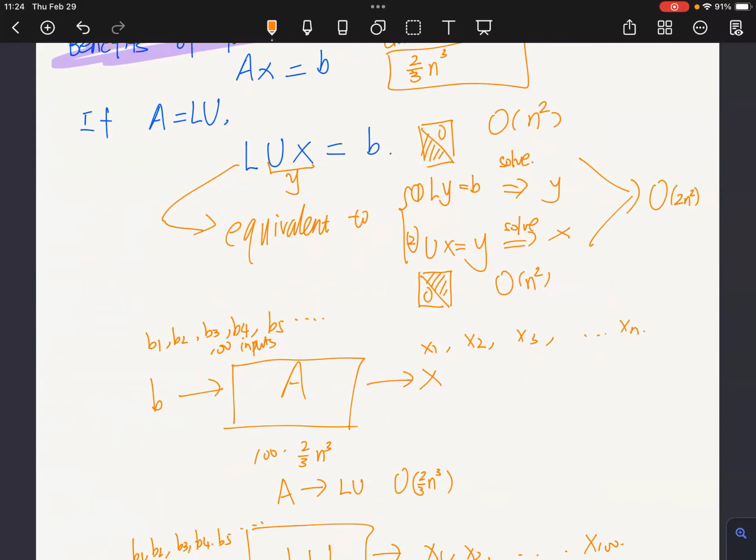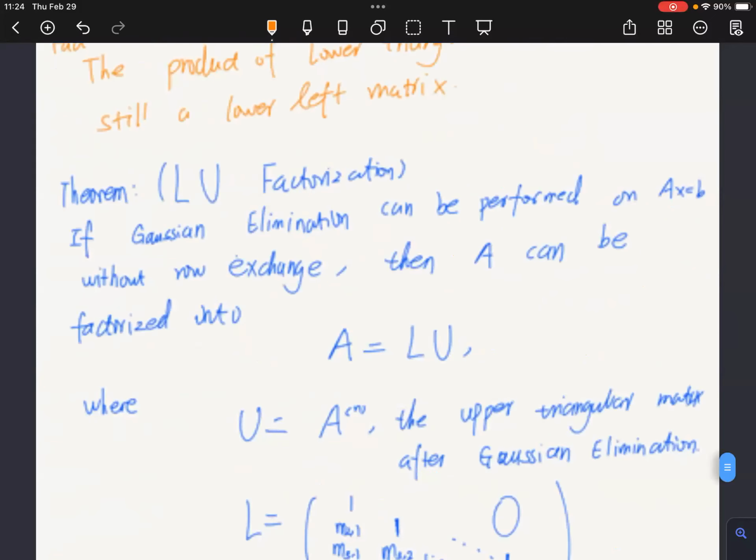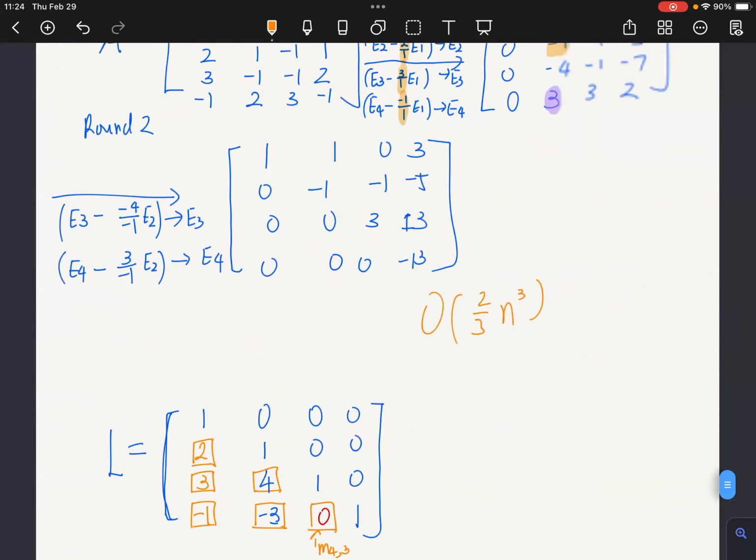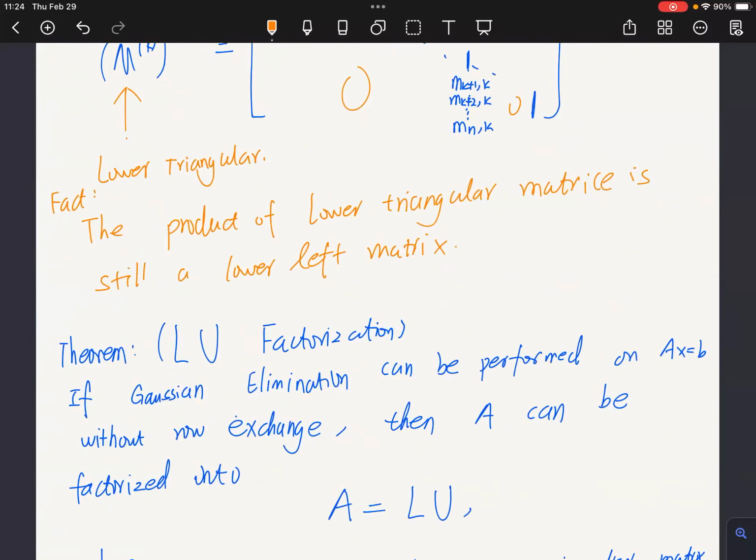Let's scroll down. We have a theorem here. It says if Gaussian elimination can be performed on this matrix without row exchange, then we can have this LU factorization. So what does this kind of matrix A look like?